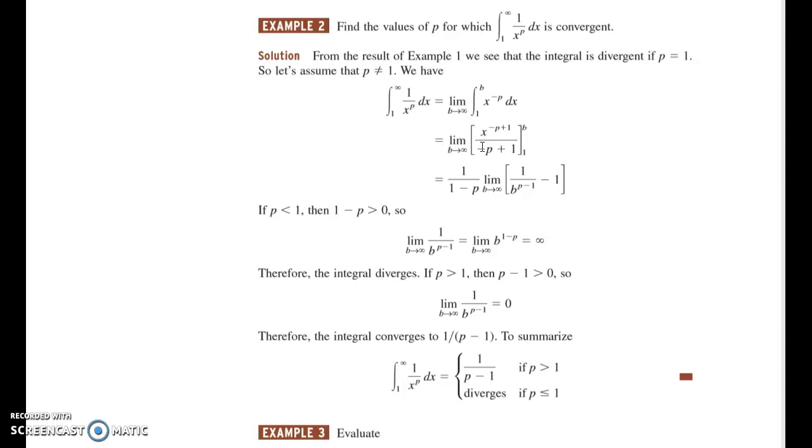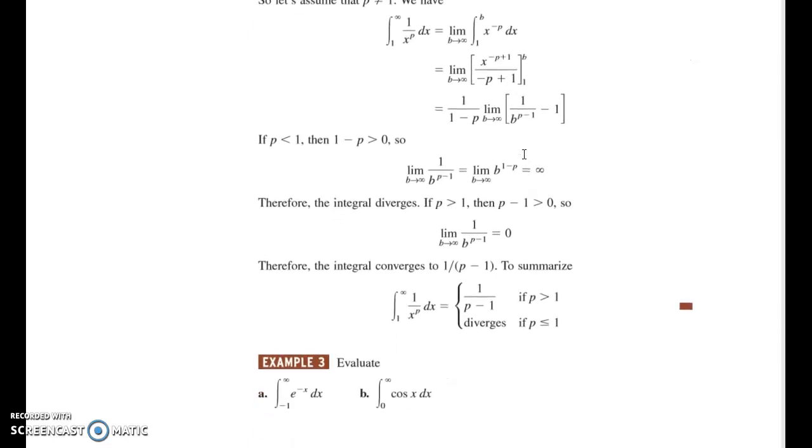So limit b tends to infinity of x raised to minus p, means x raised to minus p plus 1 divided by minus p plus 1, from 1 to b, that's equal to 1 by 1 minus p, limit b tends to infinity, 1 by b raised to p minus 1, minus 1.